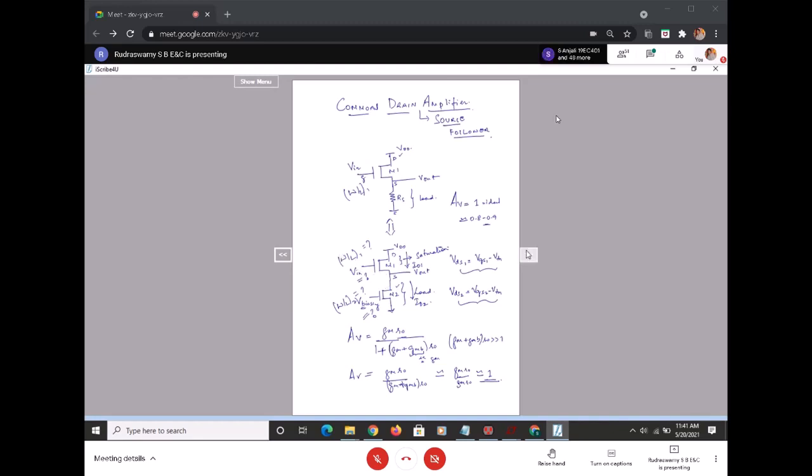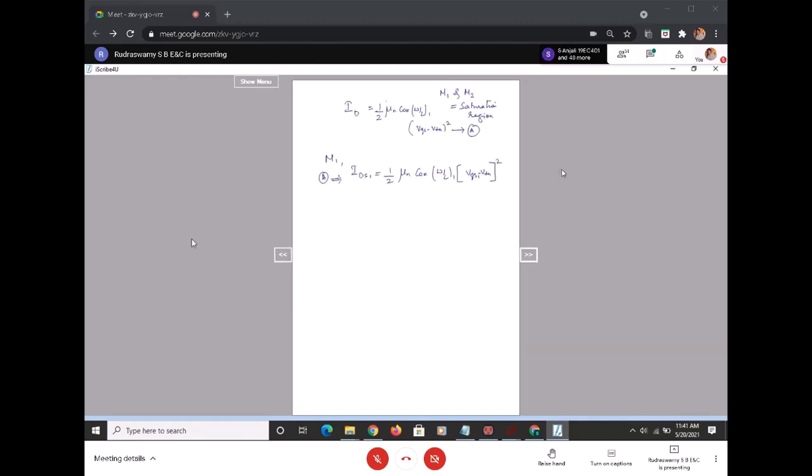I will just write it here also for your understanding. So we have VDD, this is the drain, this is M1, this is the source, this is the gate. This is what I mean by the gate to source of M1. This is V out and this is my V in. And VGS is basically V gate minus V source.